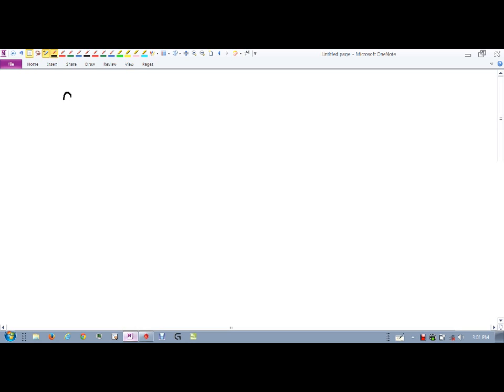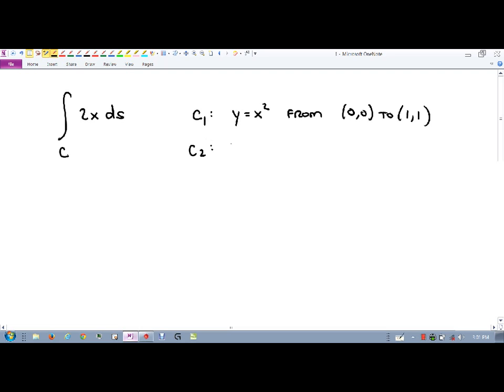I want to do the integral over C of 2x ds, where C1 is y equals x squared from 0, 0 to 1, 1. And then C2 is the segment that goes from 1, 1 to 1, 2.